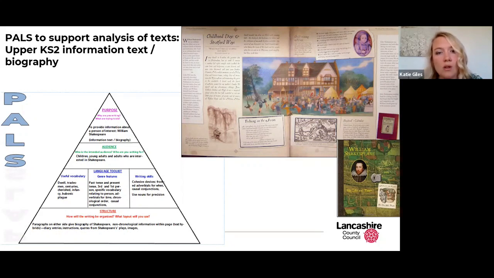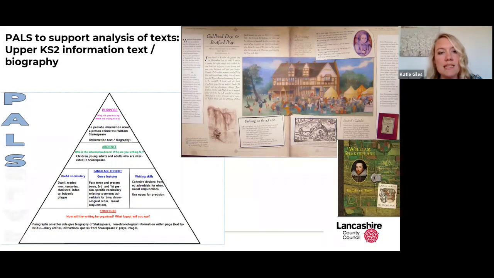So if we have a look, you can see that I've already done the analysis for this PALS grid. Now, obviously, you would do this with the children and model it through. So in terms of the purpose, we can agree that the purpose for this text is to provide information about a person of interest. This time, it's William Shakespeare.